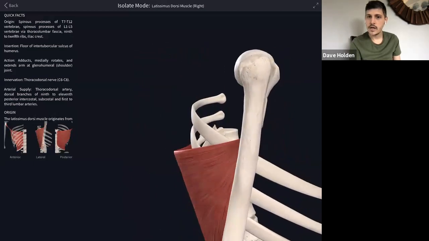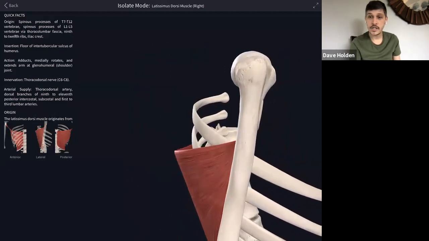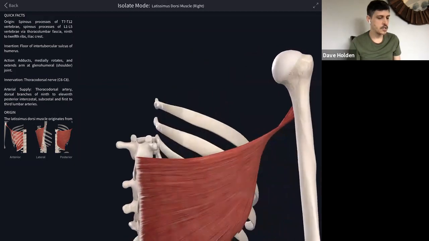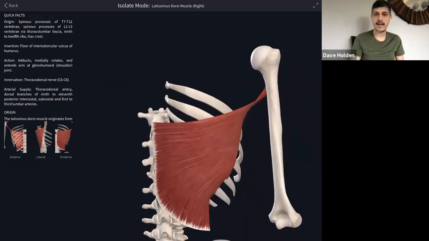So again, just like teres major, it's positioned kind of the same. It is much larger, but the basic position is about the same. So we will get actions like medial rotation, extension, and adduction.